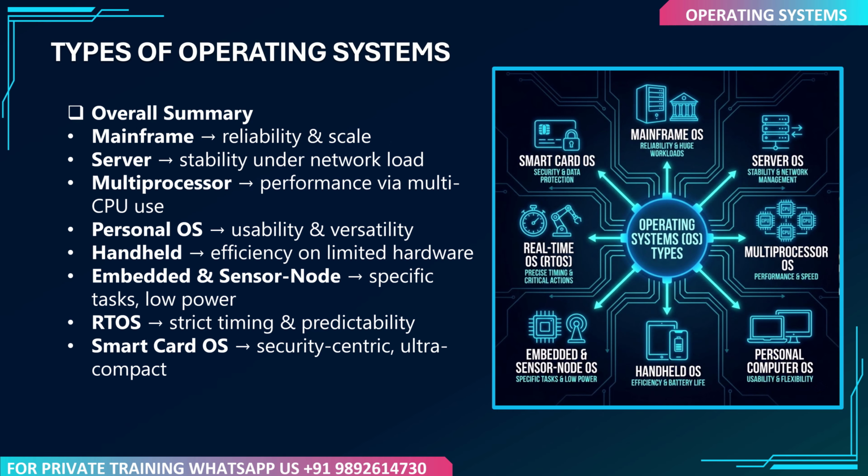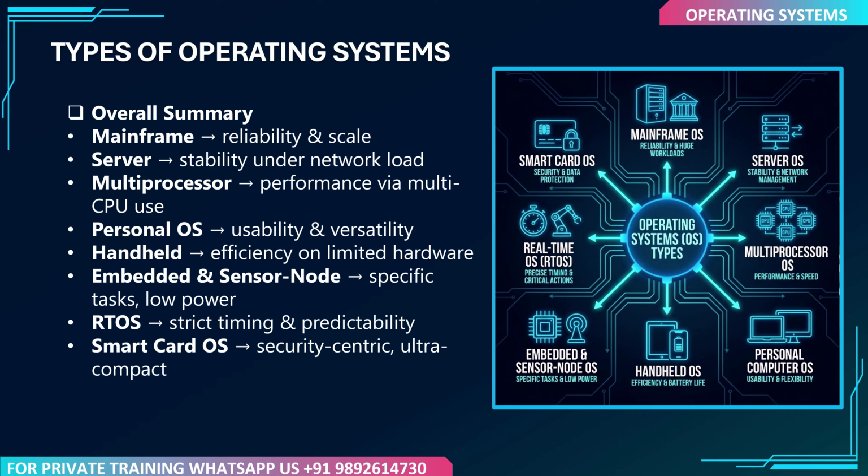So, if we take a step back and look at the big picture, we see that operating systems exist in all shapes and forms, from gigantic mainframes serving global banks down to the tiny chips inside your credit card. Each type of operating system is built with a different purpose in mind. Mainframe systems are created to deliver rock-solid reliability and handle huge amounts of work at once.